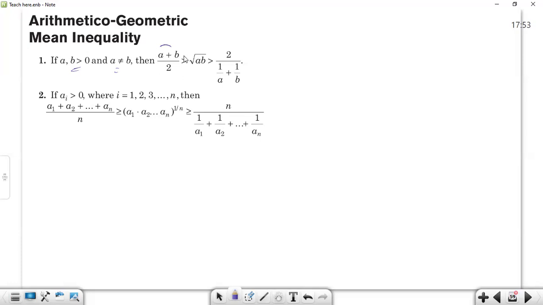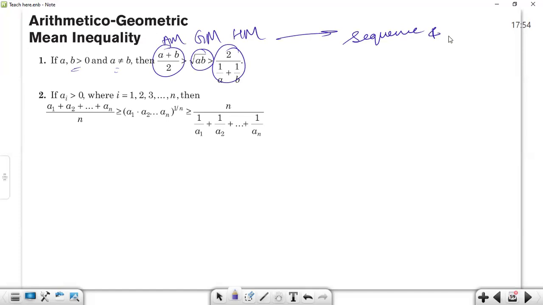So this is the arithmetic mean of A and B, this is the geometric mean, and this is the harmonic mean. We will better understand it in the chapter sequence and series, but that's a very important inequality which can be used in multiple questions.